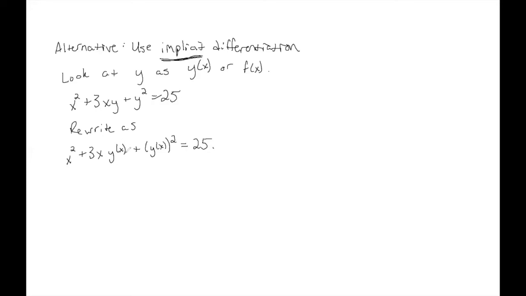So now without solving it for y, I can still find the derivative of y. And how do I do it? Well, take the derivative with respect to x of both sides and apply chain rule. So what do I mean by that? Well, I'll take a derivative of both sides.